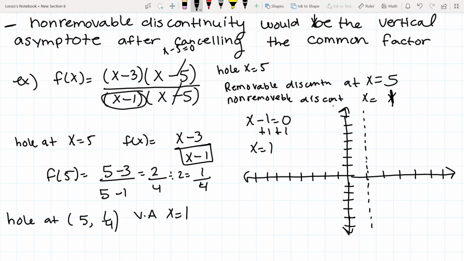And then we have a horizontal asymptote at y equals 1. Why? Because in our numerator, the highest degree is x to the first, and in our denominator, the highest degree is x to the first as well. When the degrees are the same, it's the ratio of the coefficients. This has a coefficient of 1 and this has a coefficient of 1, so that's why it's 1.